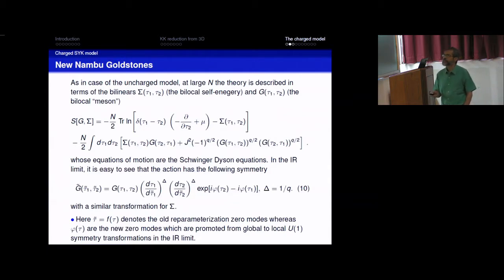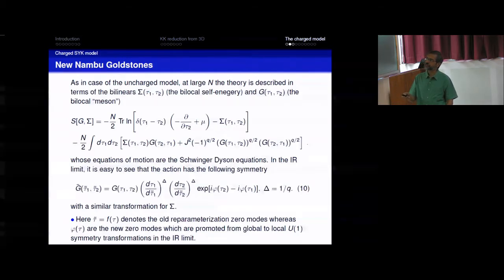And now you can see that there is this additional symmetry. So in the IR limit, when I'm looking at this term, you can also assign a similar transformation to sigma, which is just the complementary transformation property to this, and this term basically is gone.